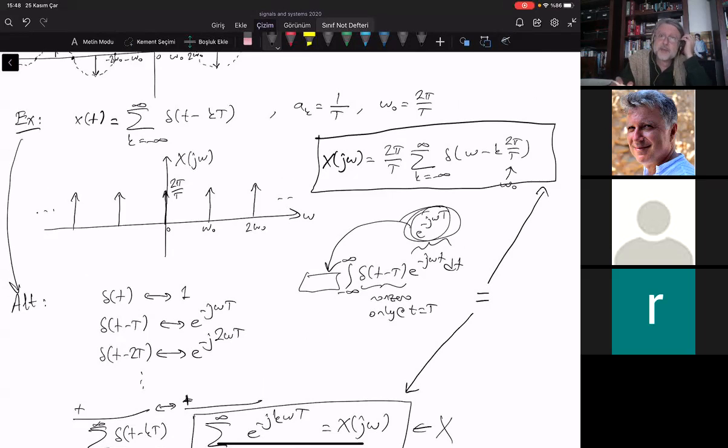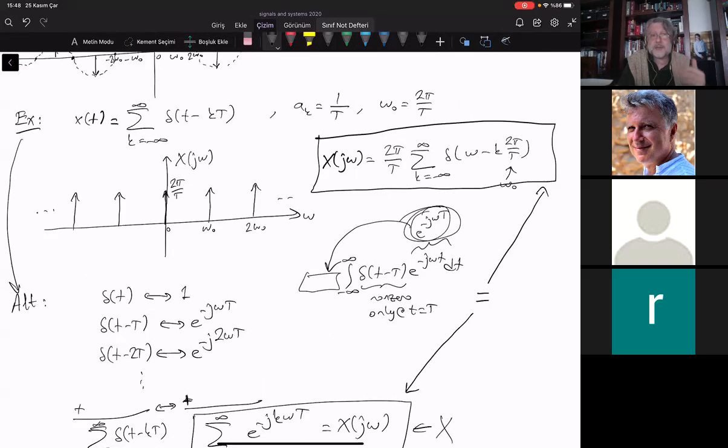So in digital signal processing and in sampling, this Fourier transform X of j omega, indicating that it's an impulse train, will be very much used. You may remember that x of t being an impulse train will have a Fourier transform X of j omega, which is also an impulse train on the omega axis.